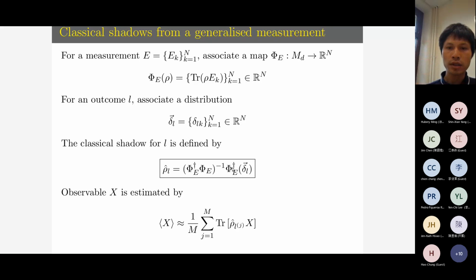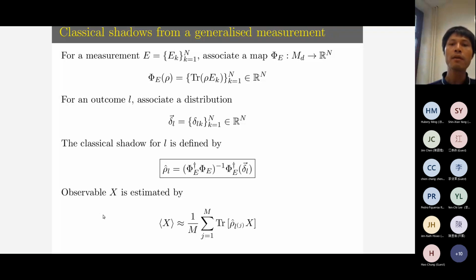In this case, this Phi_E dagger absorbs the other Phi_E dagger, so I simply have Phi_E inverse acting on this delta_l. So it's exactly the inverse of this Phi_E acting on one of the probability distributions living in R^N, and it gives back the density operator rho, or the estimated density operator rho, for a single data point.